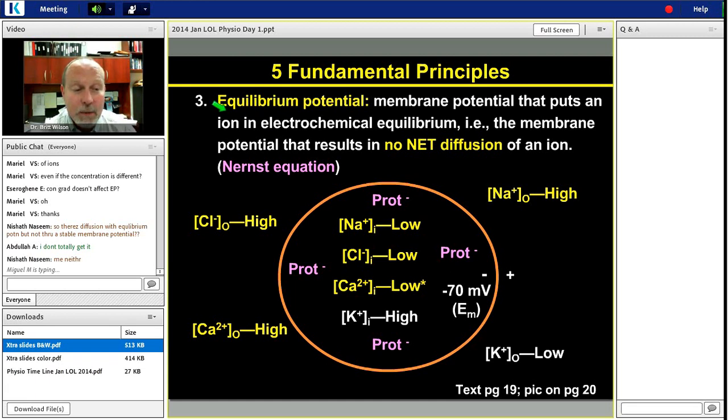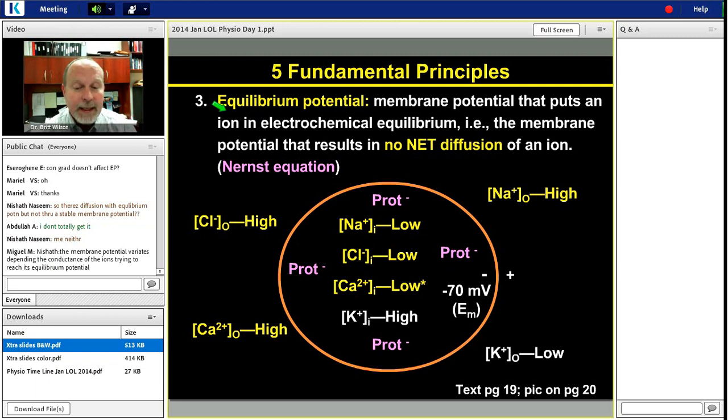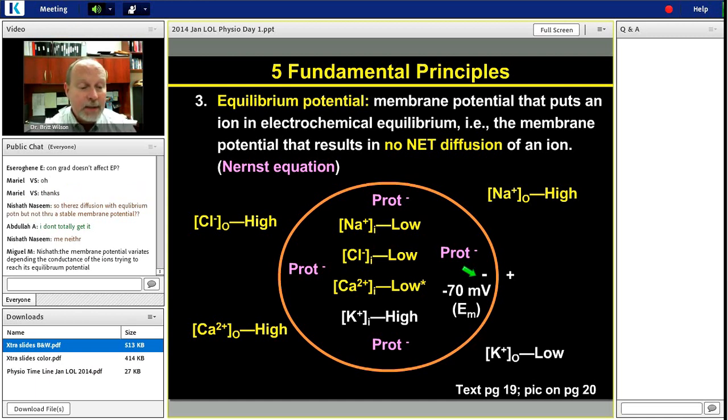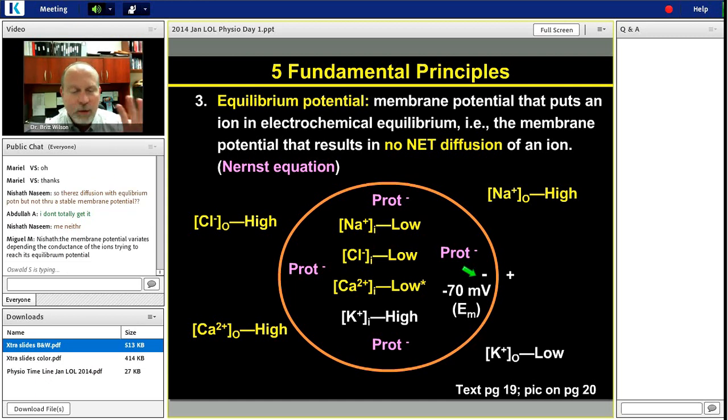And if the membrane potential gets to the ion's equilibrium potential, there is no net flux. No net flux. It's okay if it's still a little fuzzy. Just hang with me. When we work through a few, all of a sudden you'll go, aha, I get it. Watch.